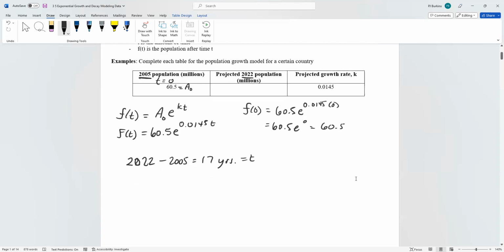So let's plug that into the function. So we have the function evaluated at 17. This is 60.5 times e to the 0.0145 times 17. Obviously, I don't know those values off the top of my head, so I'm going to hop over and use the calculator.